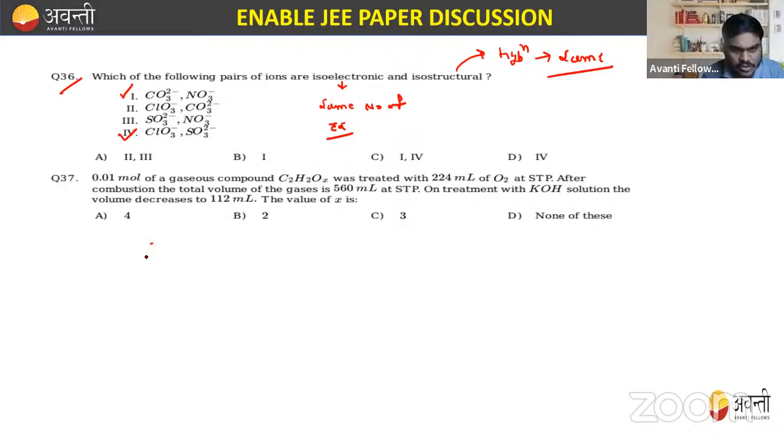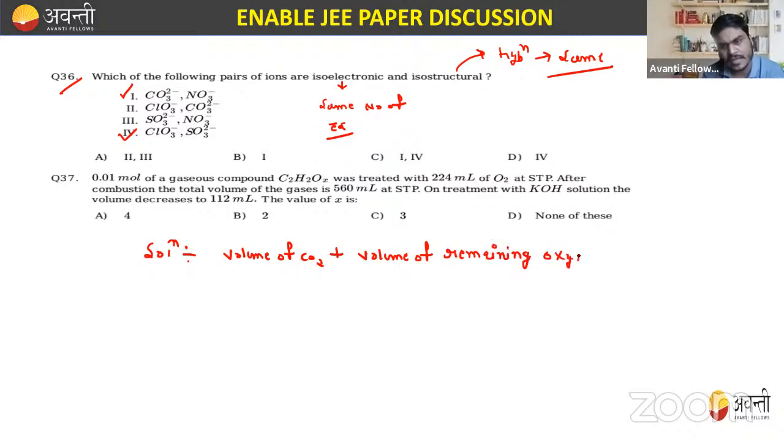Now you have to calculate the volume X. So the volume of CO2 plus the volume of remaining oxygen is already given as 560 ml. That is, the volume of CO2 plus the volume of remaining oxygen is equal to 560 ml.